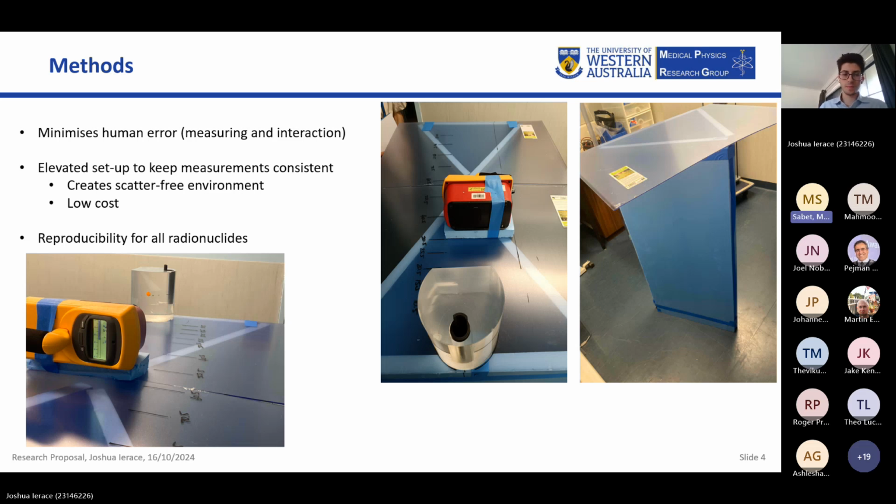Is it common practice to use these detectors for such measurements? I think so. I think they're most commonly used for surveying, like a survey meter. It's probably not common practice to use it in the orientation I've got it, but yes, I think it is commonly used.